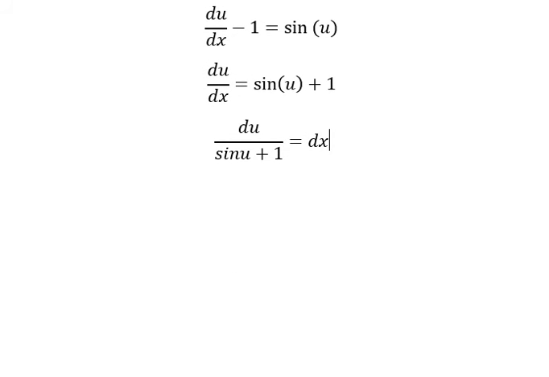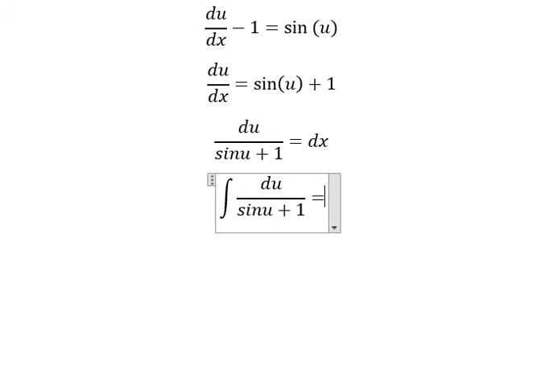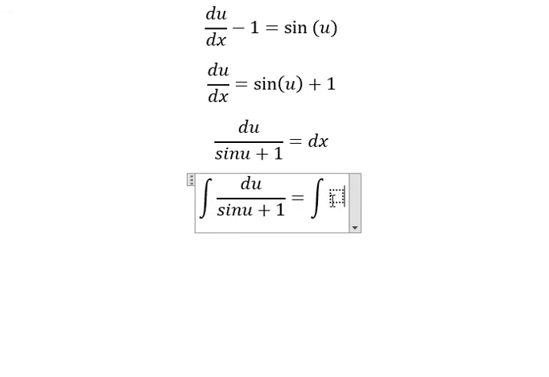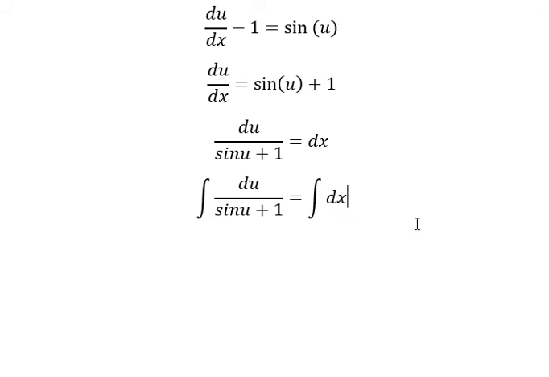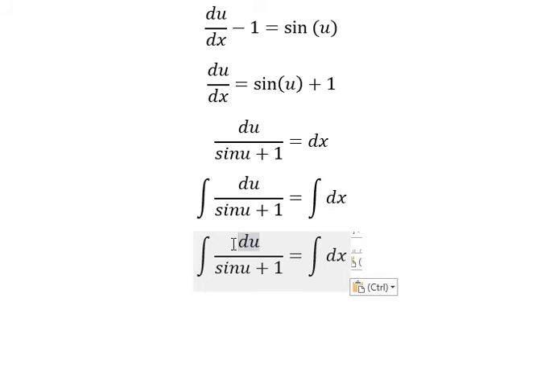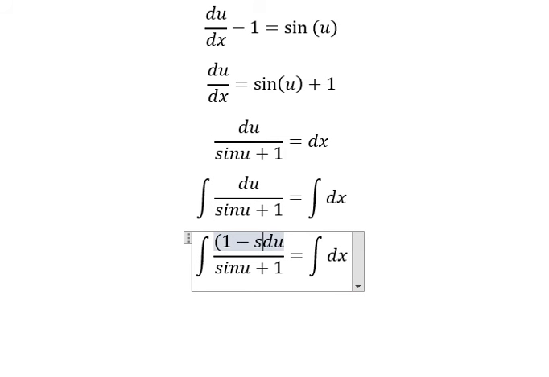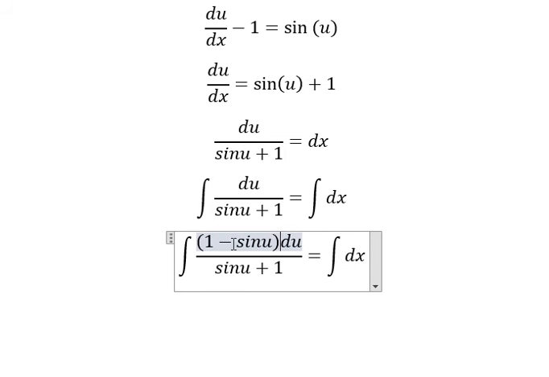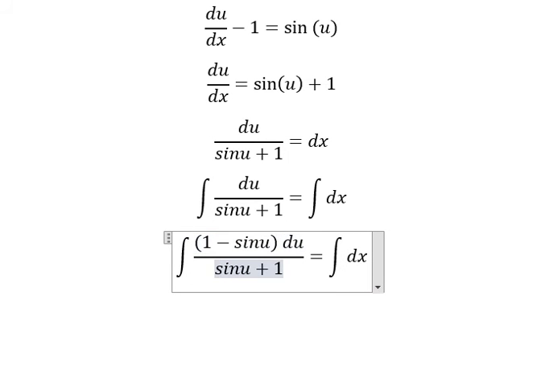Next, I will put the integration for both sides. Next, I will multiply by 1 minus sin u on numerator and denominator.